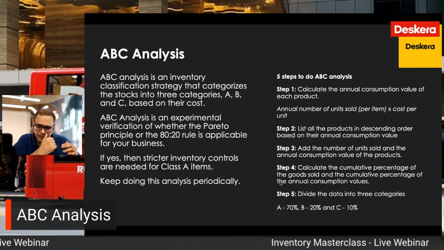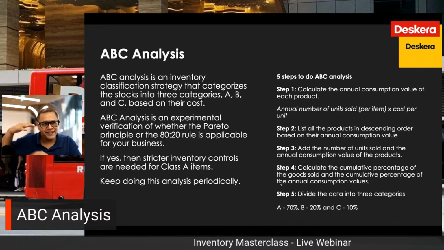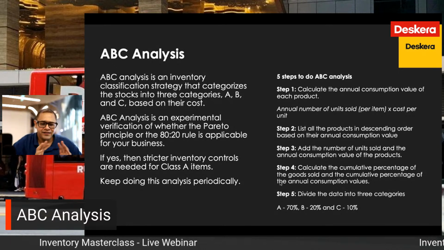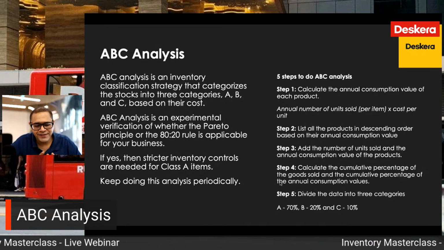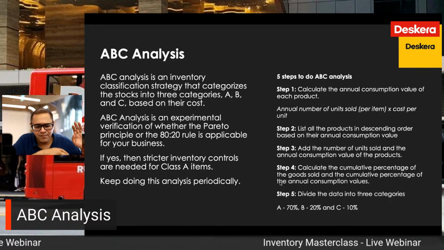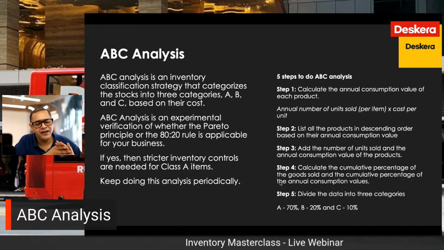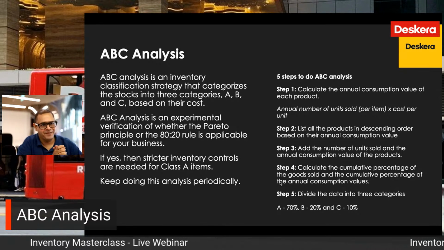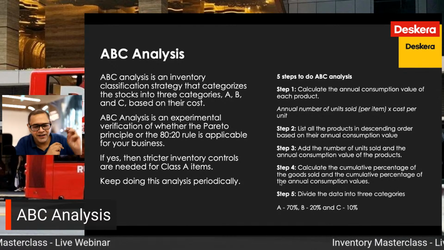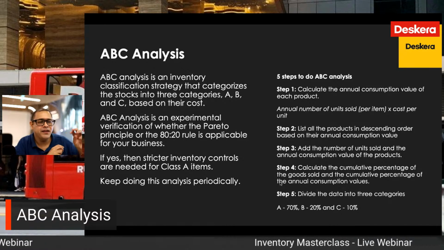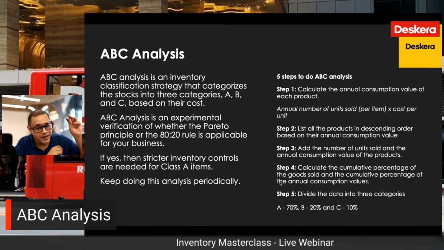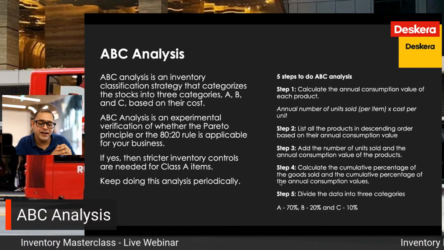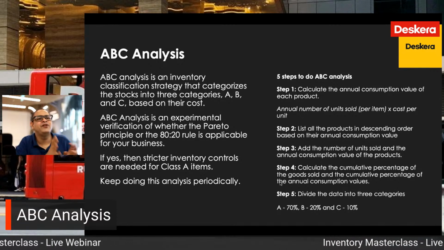Now, once you have this list, you sort it by the consumption rate. And more often than not, what you will see is that 70% of the movement is happening because of 10 to 20% of the items. So the top consumption values of products will be distributed in a ratio of somewhere close to 70, 20, and 10.